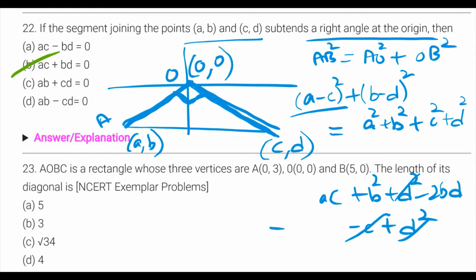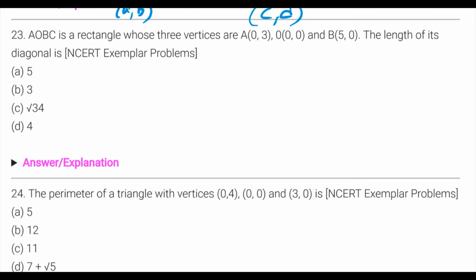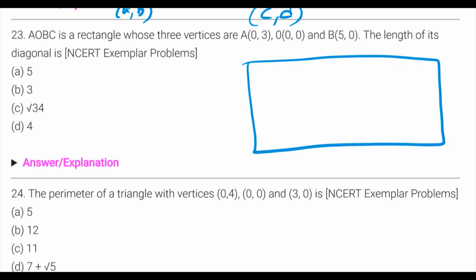Next, 23rd question. AOBC is a rectangle whose vertices are given, the length of its diagonal is asked. So AOBC is a rectangle. A is given as 0, 3 and origin is 0, 0, B is 5, 0.